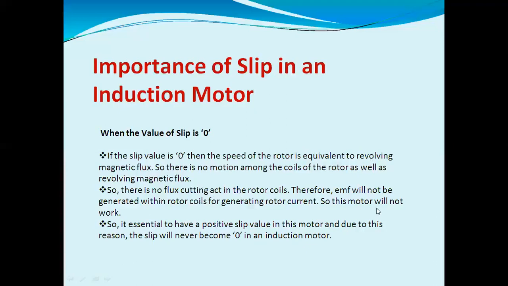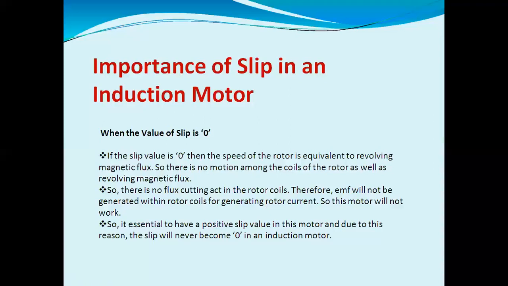Therefore, EMF will not be generated within the rotor coils for generating rotor current. So this motor will not work. So it is essential to have a positive slip value in this motor, and due to this reason the slip will never become zero in an induction motor.